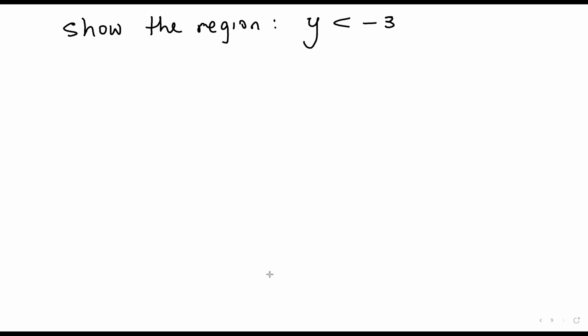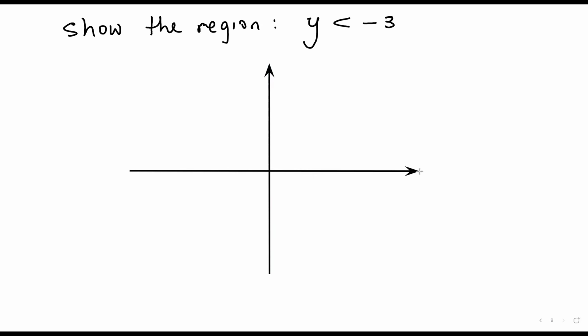You have your y-axis, which is your vertical axis, and then you have your x-axis. This is y, this is x. The center is the origin. Y is negative below the x-axis. So here you'll have -1, -2, -3, -4, -5, -6, and so on, right?